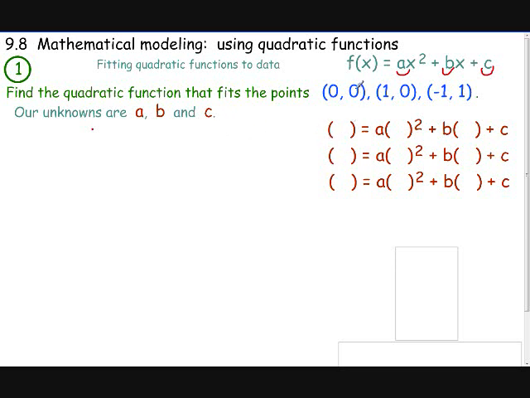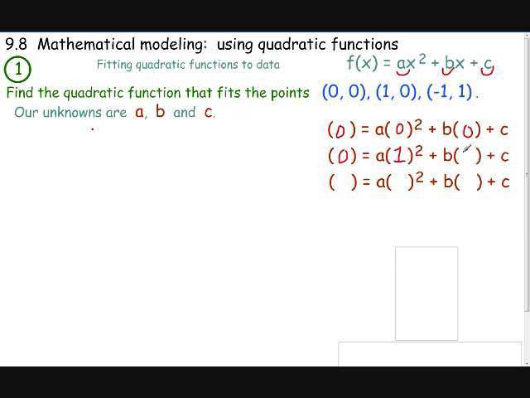This first point, my y value, f of x, my y value is 0. My x value over here is also 0. That's my first equation. I'm going to like this in just a minute. The next one also has a y of 0, but the x is 1.